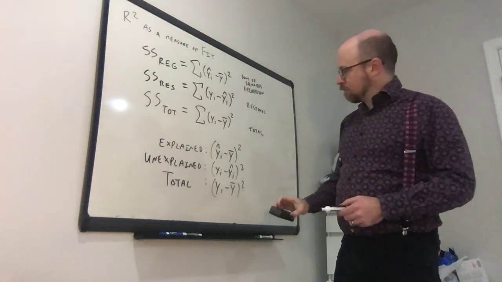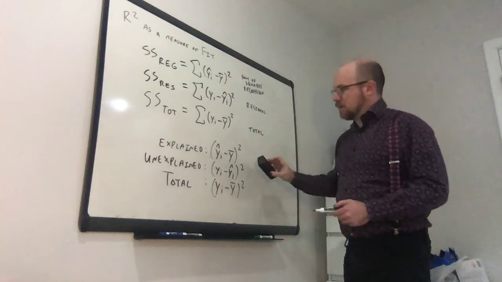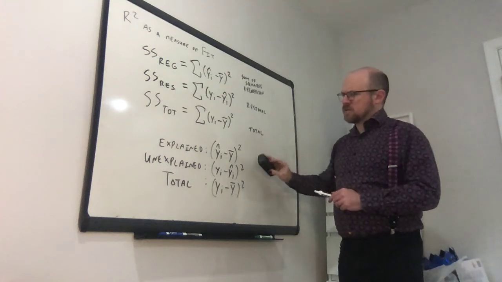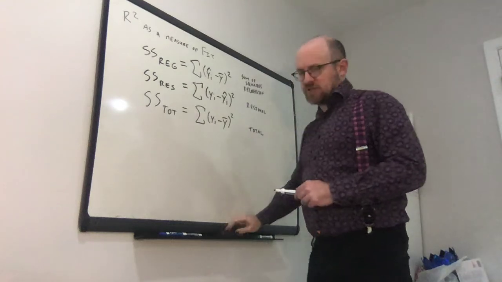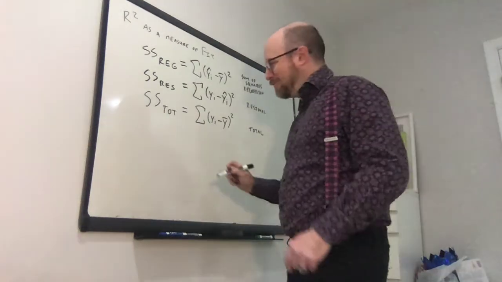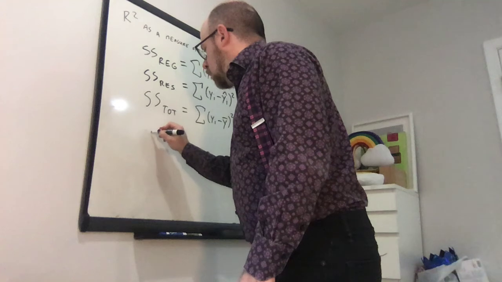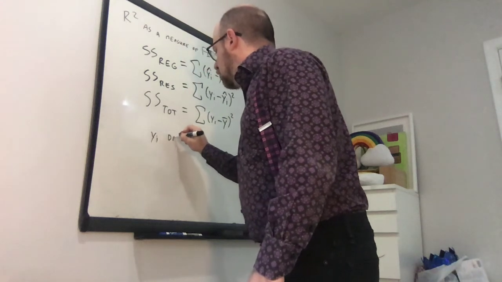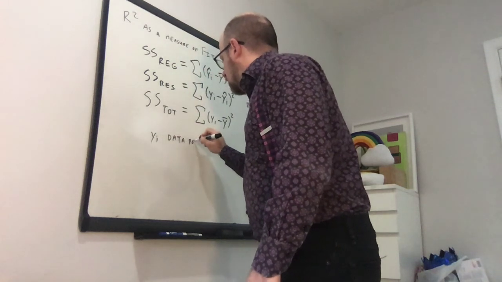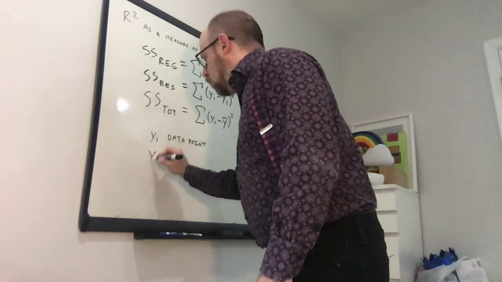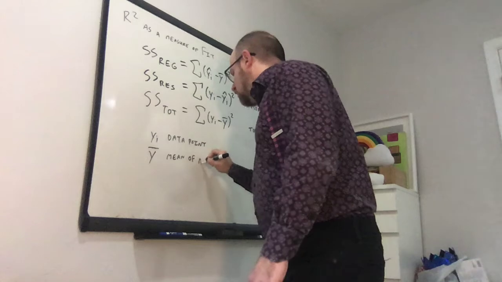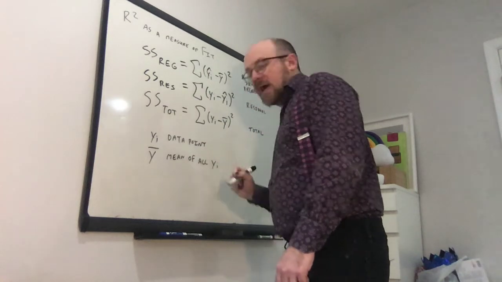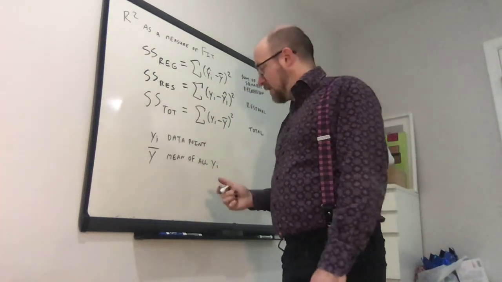Okay? And so remember, just to remind you of where these come from, just so that I've got all this on the board at one point. So yi is our data point. Y bar is the mean of all yi, so that's the average of the y values.